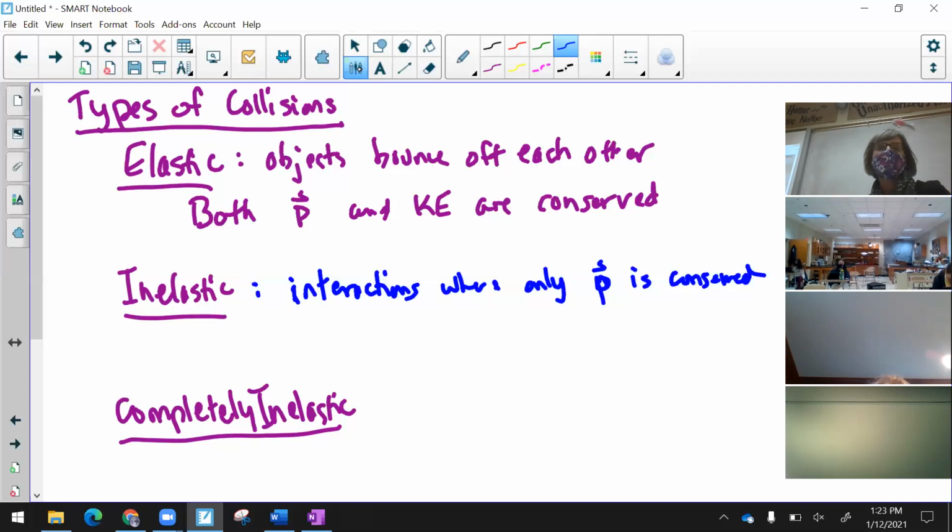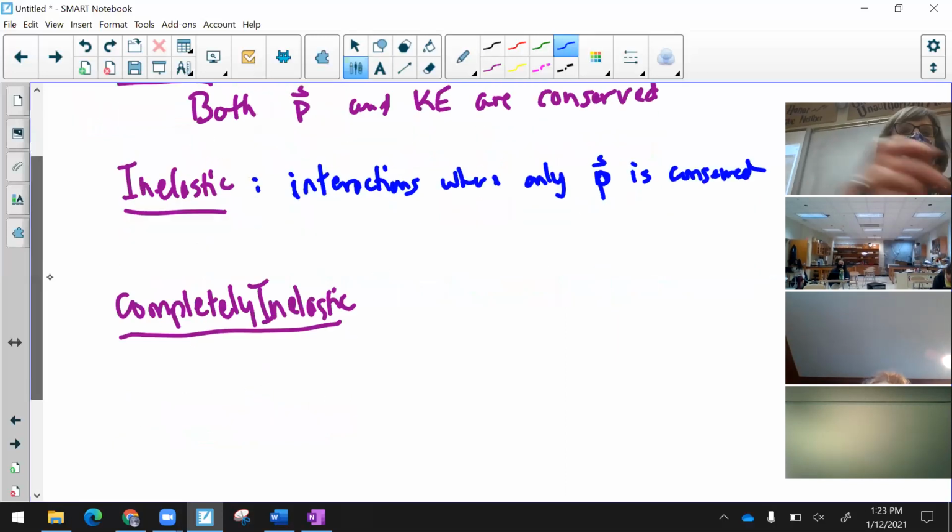So it's important to understand the difference between elastic and completely inelastic collisions.